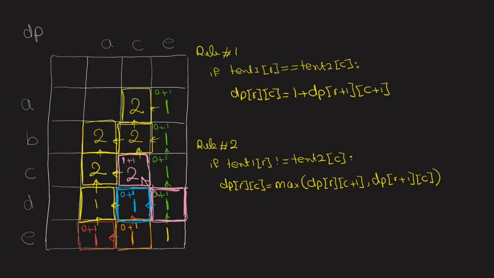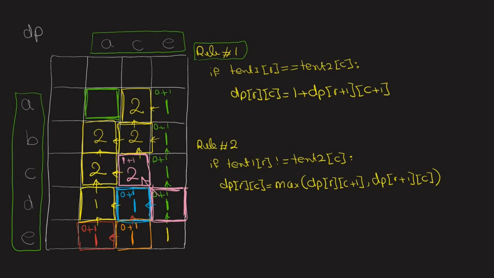Okay, now we are at the last cell. So for this cell, we are comparing A, B, C, D, E to ACE. And you can see that we are comparing the whole elements of text 1 and text 2. So technically this is our output. So for this one, A matches A, so we are at rule number 1.